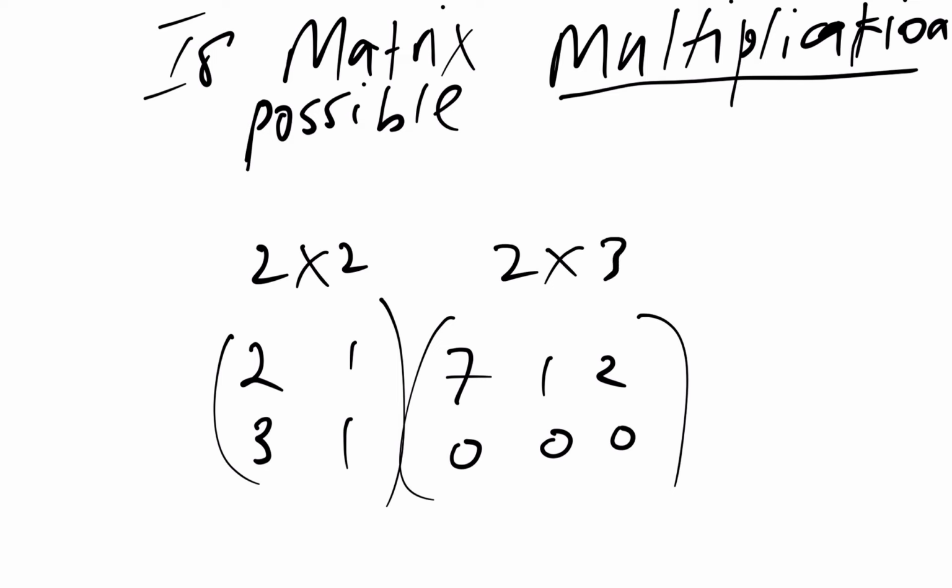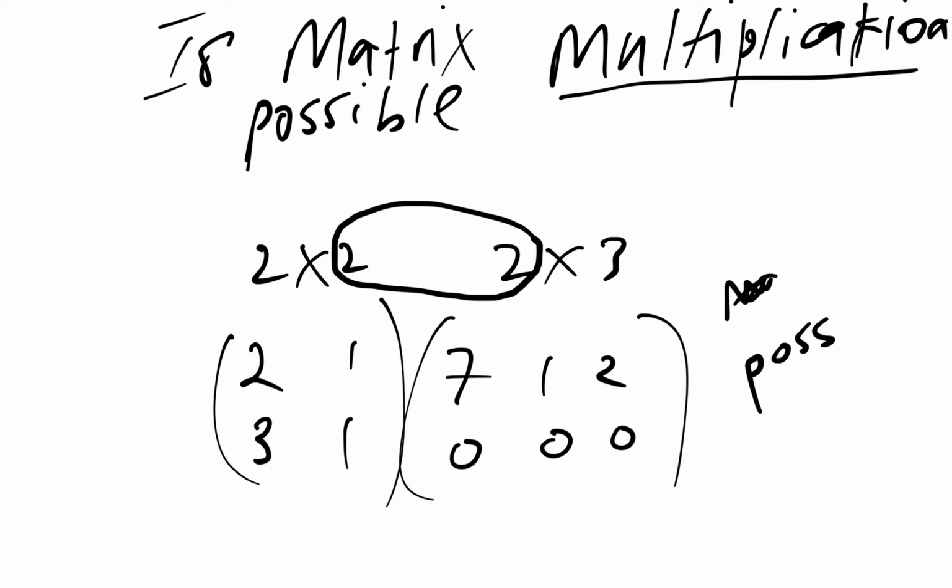So is matrix multiplication possible in this one? The fact that these two numbers are equal means we say matrix multiplication is possible. That's how we tell if matrix multiplication between 2 matrices is possible or not.